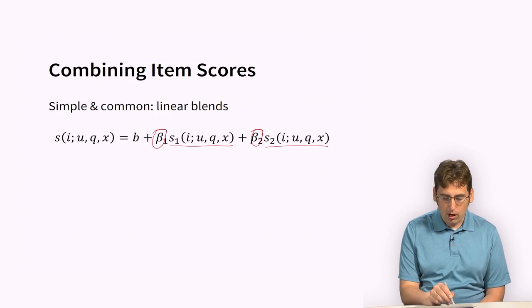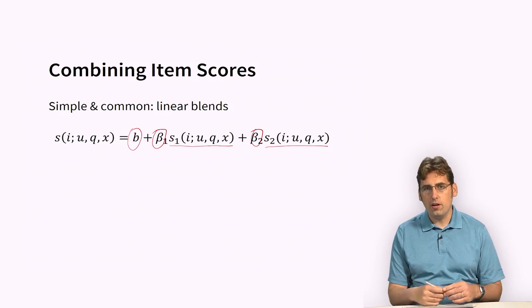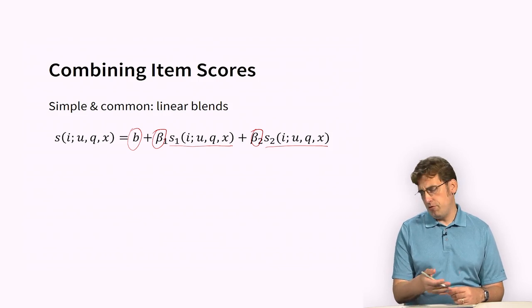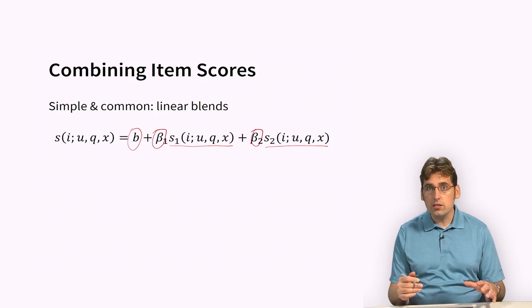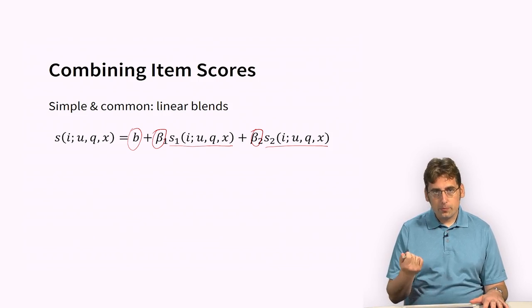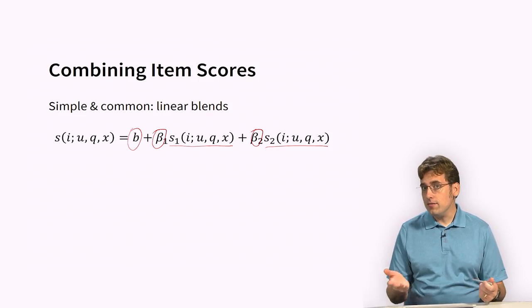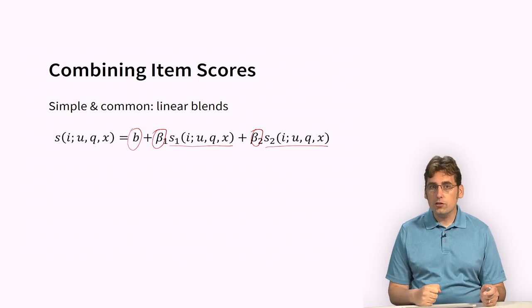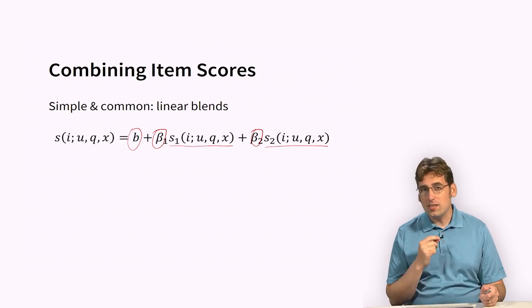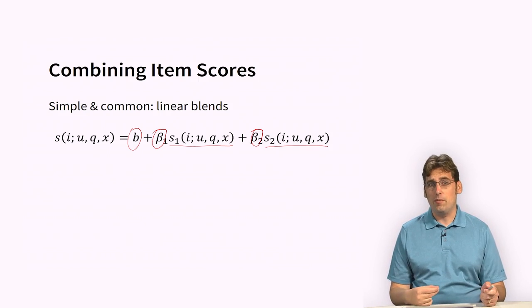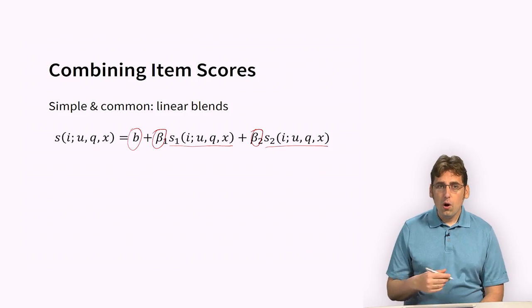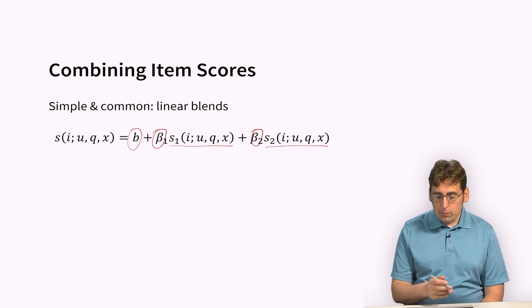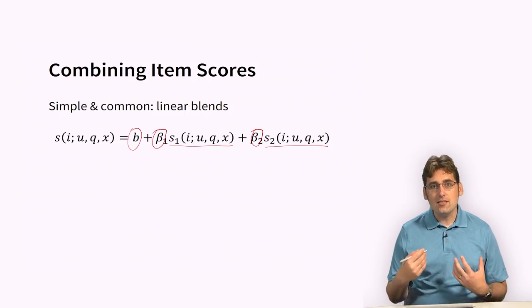Oftentimes we'll have an offset just as a starting point for a nice linear model. And we can have 300, 400, 500 different recommenders that we put in. The Netflix Prize challenge that was run a number of years ago, the winning algorithm of that was a blend of over 100 different recommenders. So we can do this kind of a linear blend of scoring. This is common and it's simple.